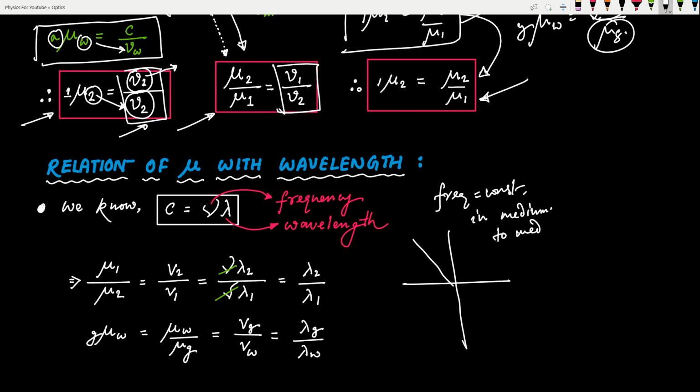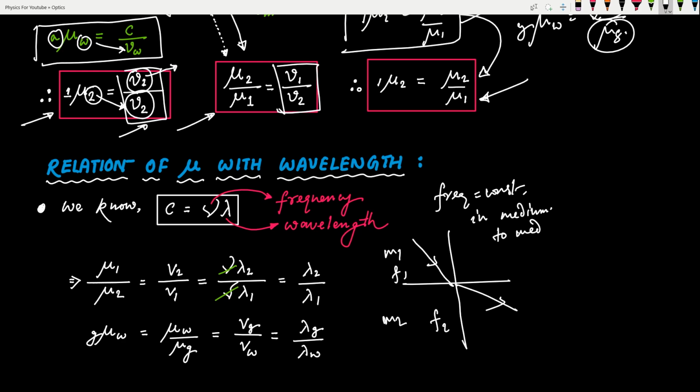Things will be easy. Suppose this is the ray of light coming from medium 1 and entering into medium 2. Okay, and it bends. It doesn't matter whether it's denser or rarer, it bends. So we say that frequency in medium 1 is equal to frequency in medium 2, that it remains constant even if the light rays move from medium 1 to medium 2 or medium 2 to medium 3. The frequency remains constant.